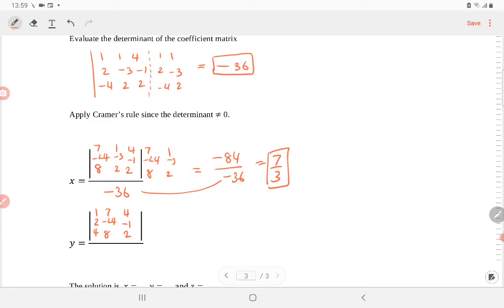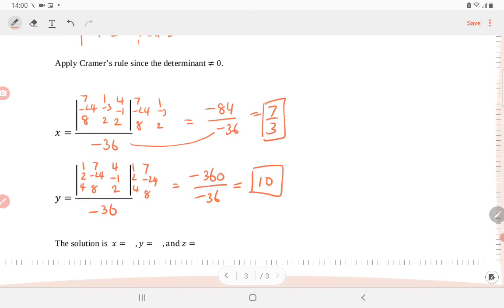Again, the first determinant, minus 36. So copy 1, 2, 4, 7, minus 24, 8. Calculate your determinant. You should get minus 360 divided by minus 36. And that will give you 10 for the y value.